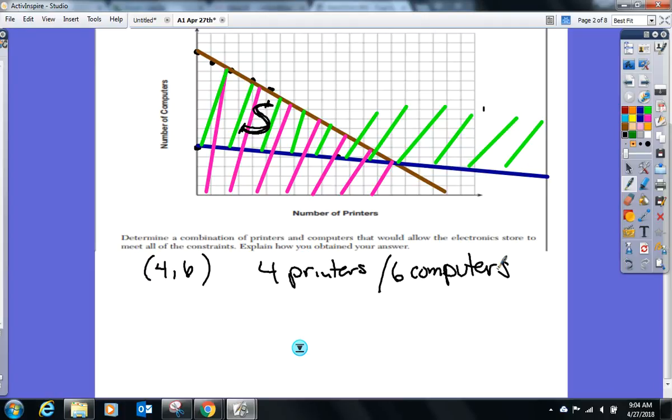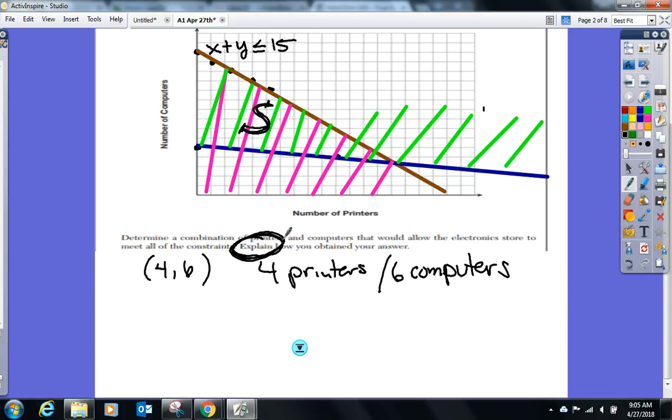Still not done though, but go ahead. Anytime there are 2 graphs on 1, we have to label at least one of them. So whatever one you want to label. And we're still not done though. Everyone see that word right there? Explain.